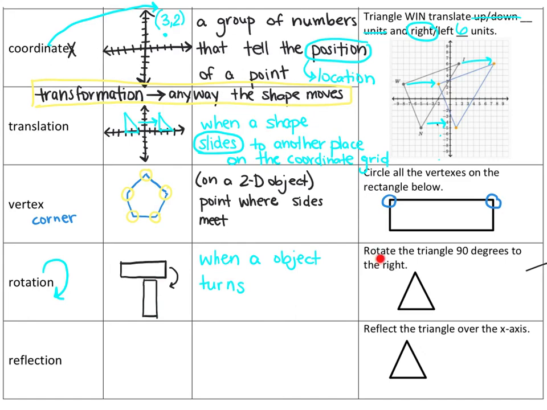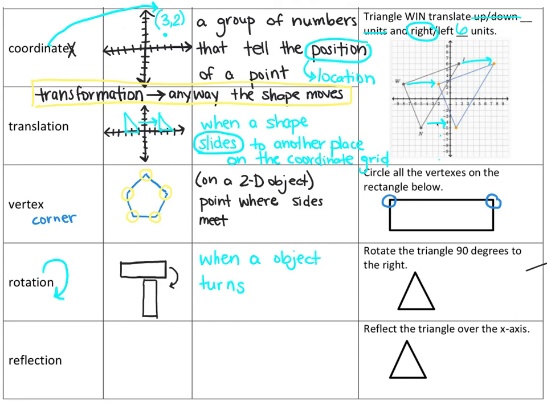In our example, we're going to rotate the triangle 90 degrees. So think back to last year when we used the protractors. Okay, 90 degrees was this much. So we're going to turn our triangle 90 degrees. So now my bottom is going to turn 90 degrees so that it's over here.